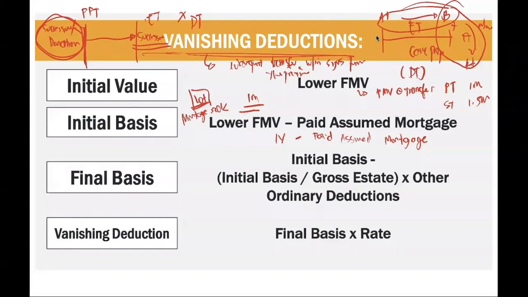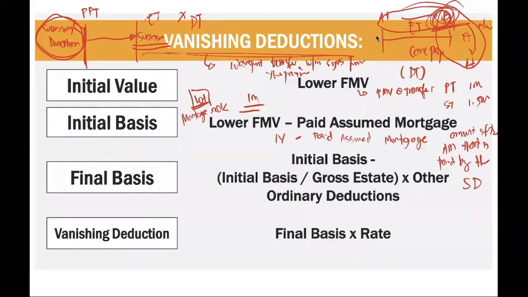Okay? So we already determined the lower FMV, which is 1 million pesos. Now, we need to determine the paid assumed mortgage. When we say paid assumed mortgage, it is the amount of the assumed mortgage that is paid by the subsequent decedent. So, may inassume na mortgage si B, magkano yung binayaran ni B out of that mortgage?